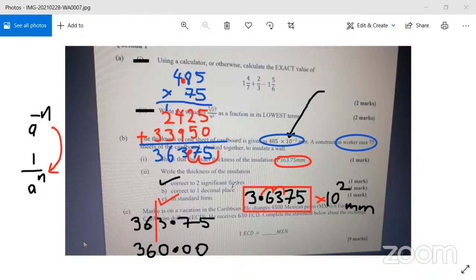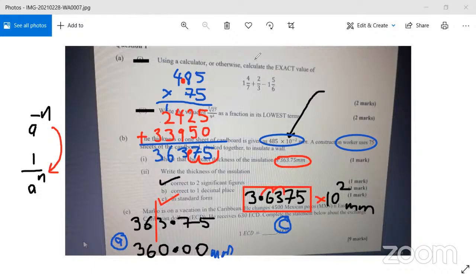Right? And then correcting it to 1 decimal place is the easiest one. Right? So what we have here is our answer for part C. And what we have here is our answer for part A. Right? So of course, let me not forget, the unit is in millimeters, so let me write that there.